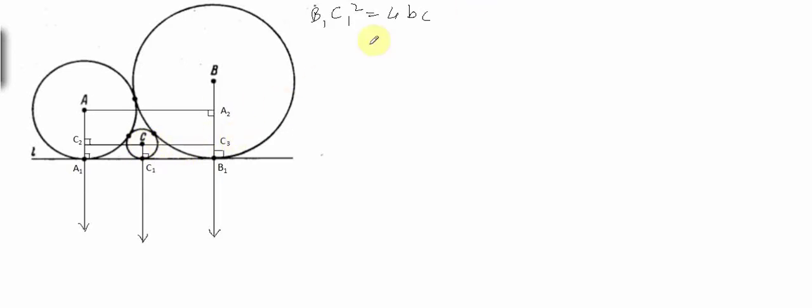So B1 C1 is same as CC3, and CC3 is equal to, CC3 square is equal to A2C square minus A2C3 square, Pythagoras theorem.